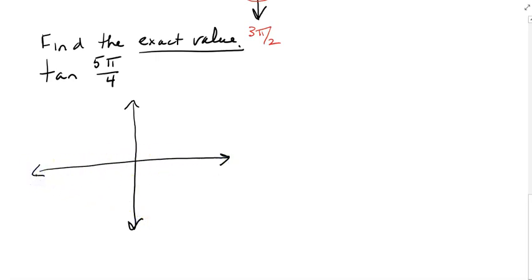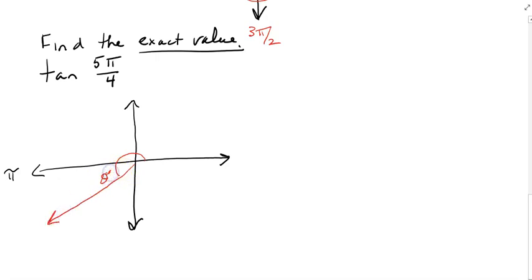Where does 5 pi over 4 fall? So again, here's how you want to think about it. Well, 4 pi over 4 is a full pi. That's over here. 5 pi over 4 is slightly more than that. In fact, how much more? What is the difference?